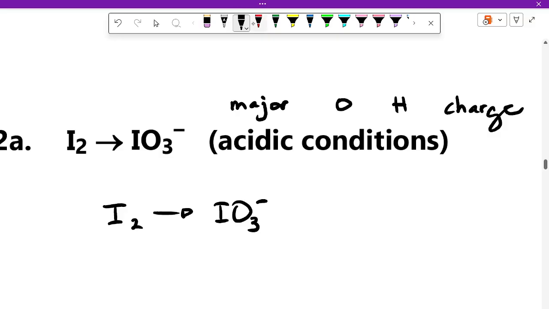Who is the major element here? Iodine. Is the major element balanced? No. What do we use to balance the major element? We use coefficients, just like we used to do in our grade 10 and grade 11 balancing. So we put a 2 here.